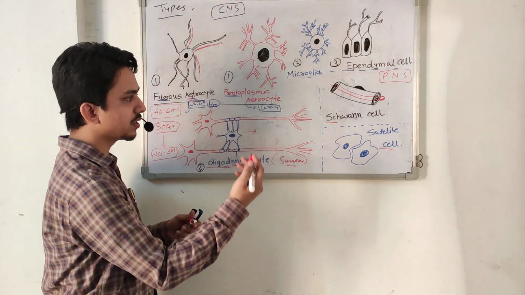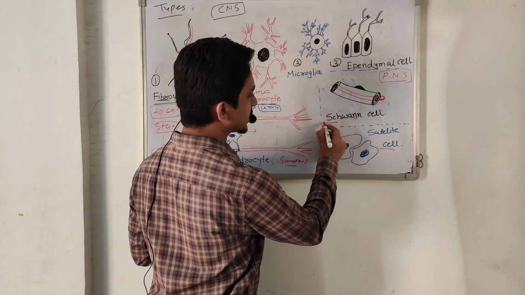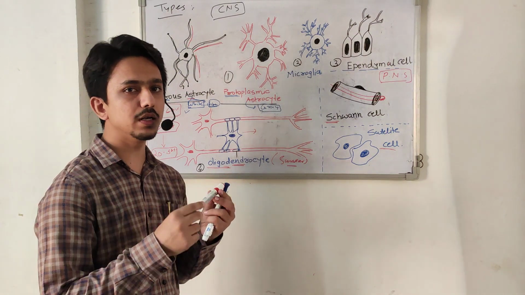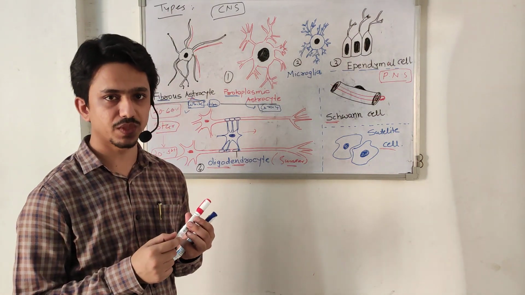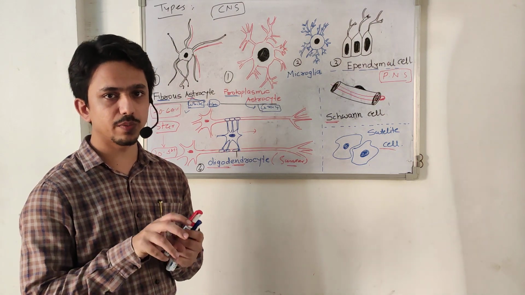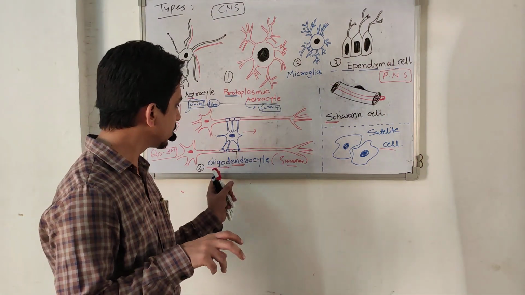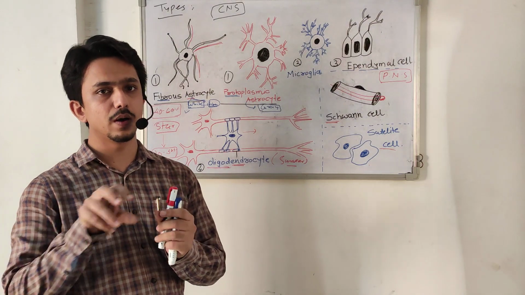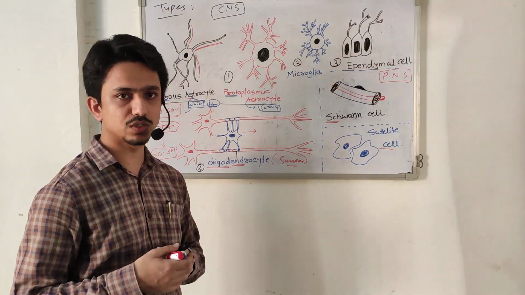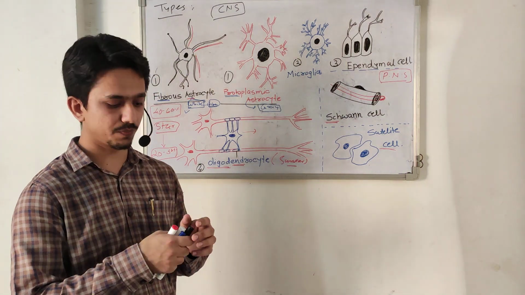While in the PNS, Schwann cells are responsible for myelination, but one Schwann cell gives only one myelin segment. They do not occupy multiple neurons or multiple axons in the PNS. While one oligodendrocyte covers many more axons.